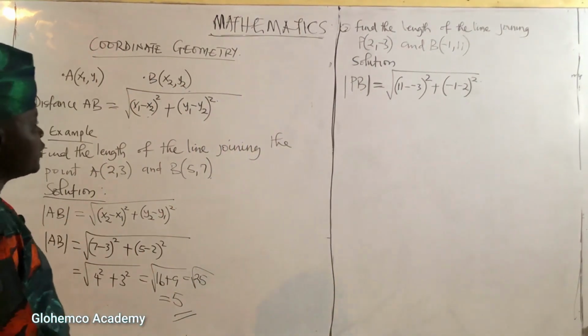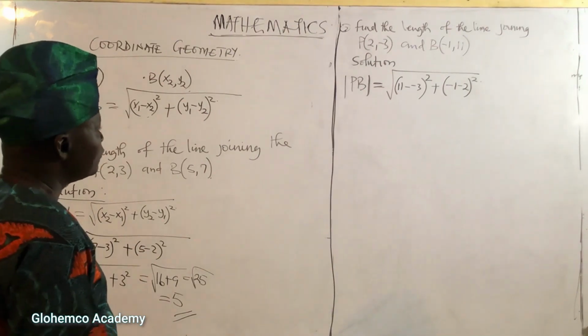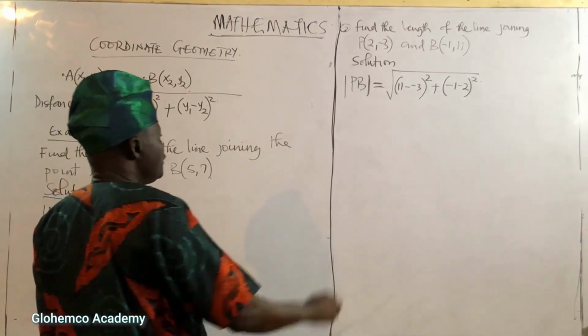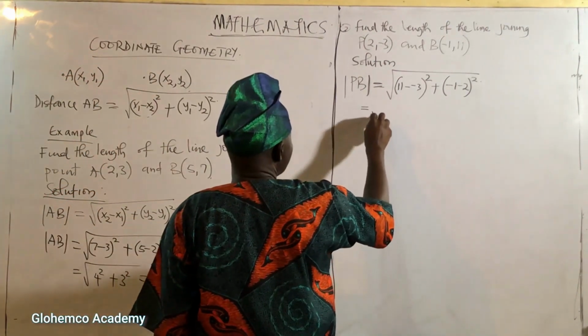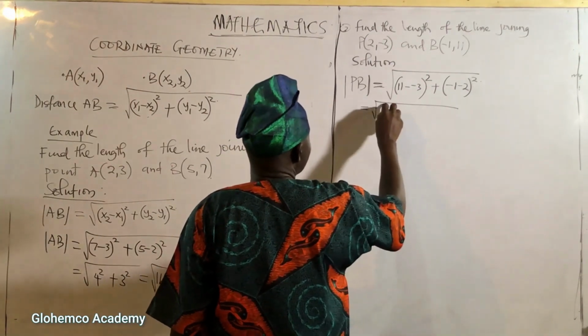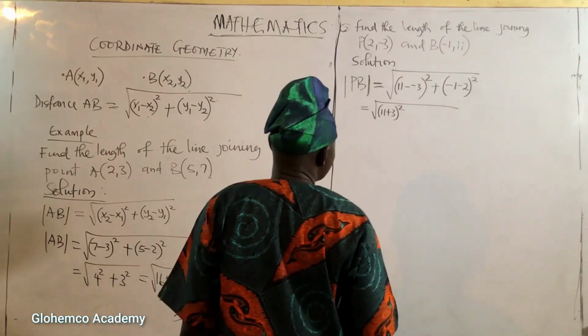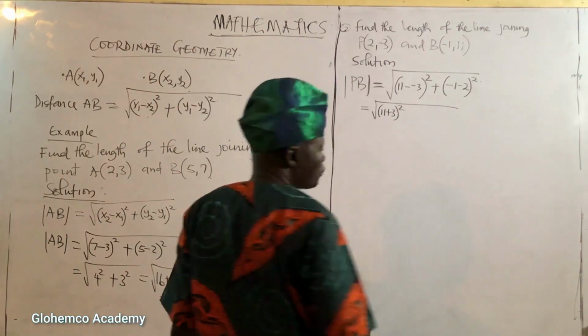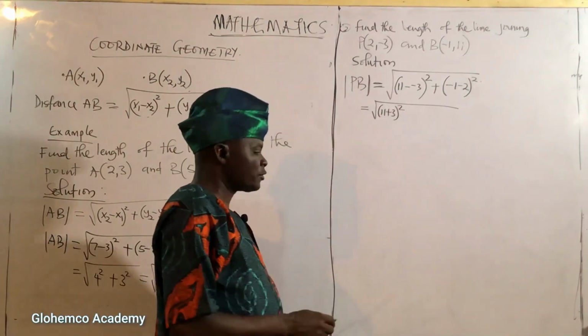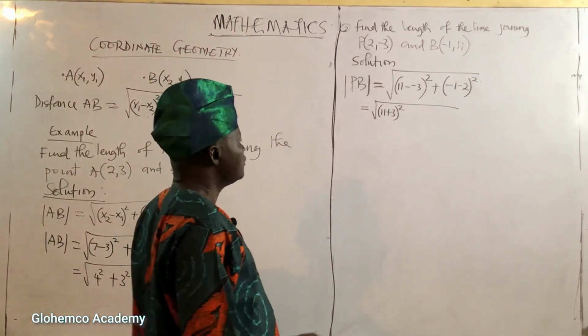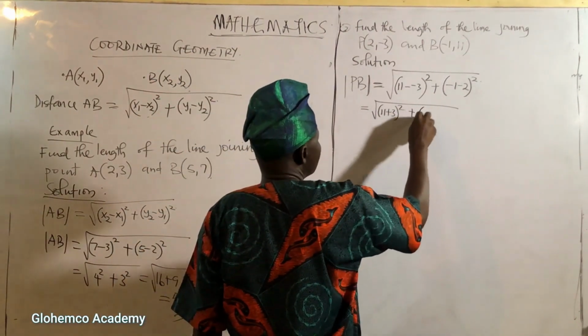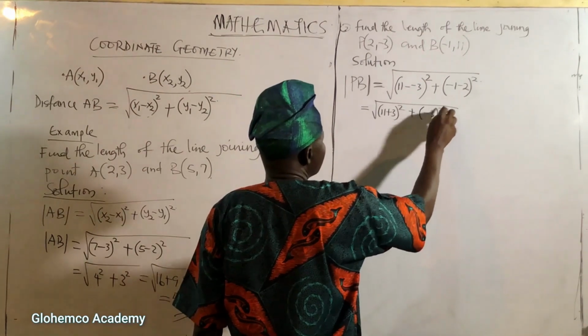Now, the next thing is to solve. It means that here we have 11 plus 3 squared, because minus multiplied by minus will give us plus, plus (-3) squared.